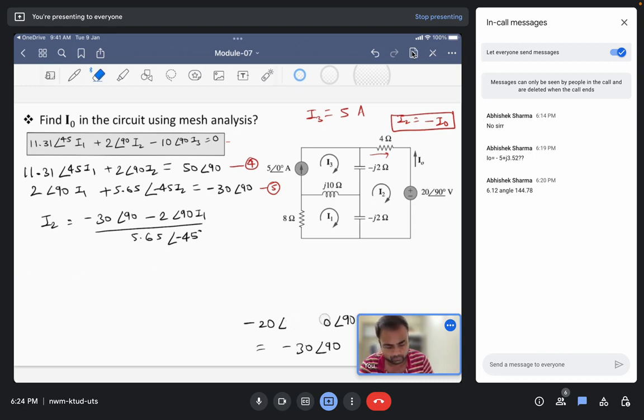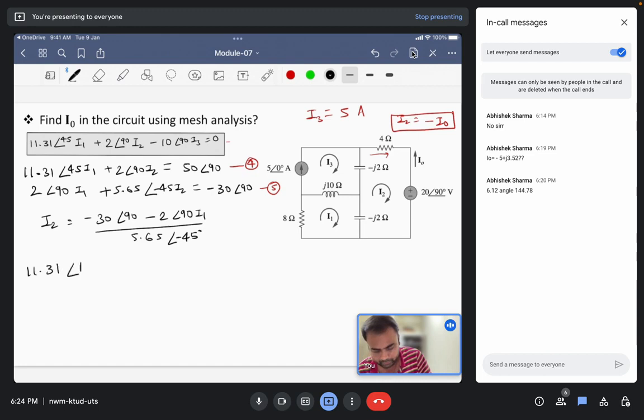So we can simply put this value in equation number 4. So 11.31 angle 45 degrees, this will be I1. Then in case of I2, it is twice angle 90 degrees.